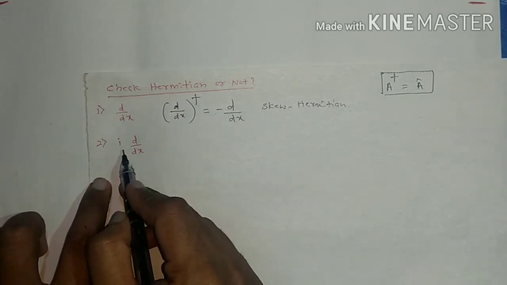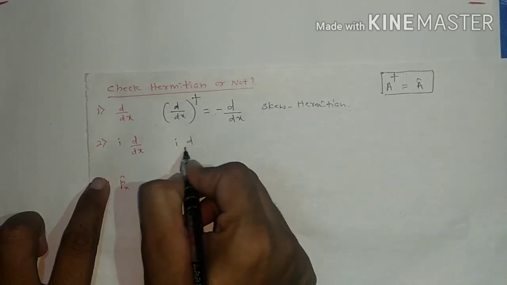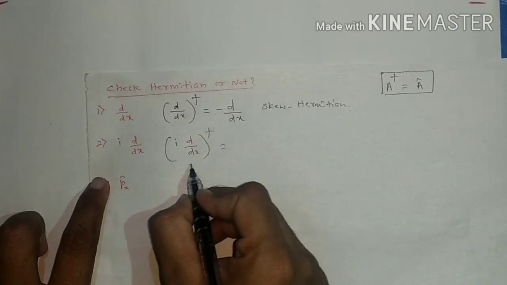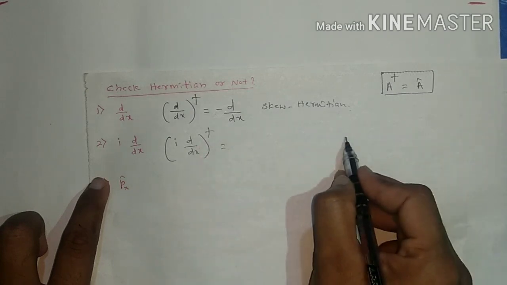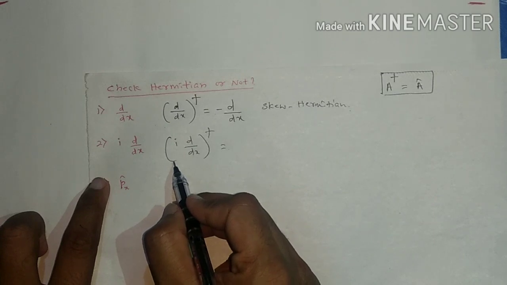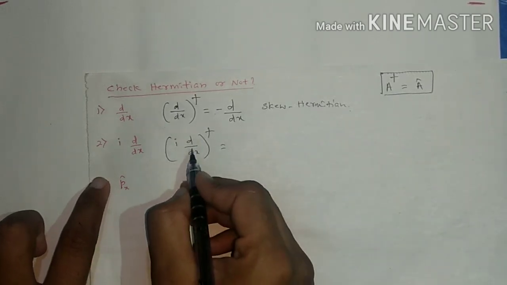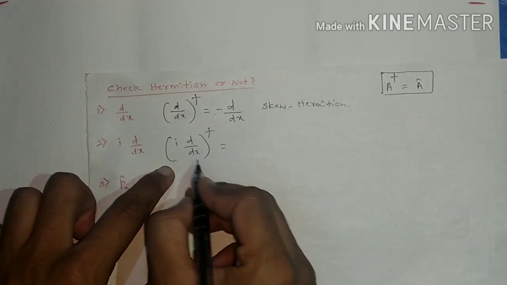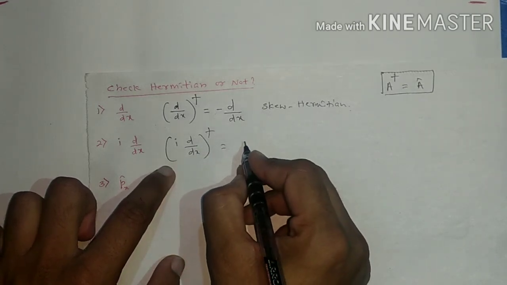Now let us consider i d dx. Again, we take the dagger of that one, and at the end, after doing this dagger operation, if we get back i d dx, then it will be Hermitian, and if we don't, it will not be Hermitian.